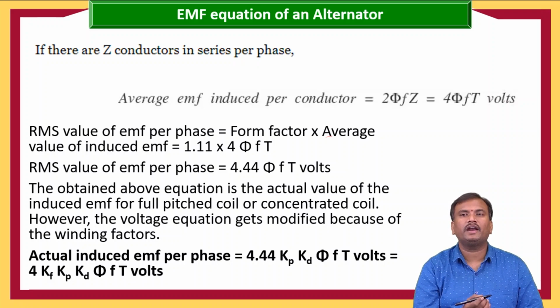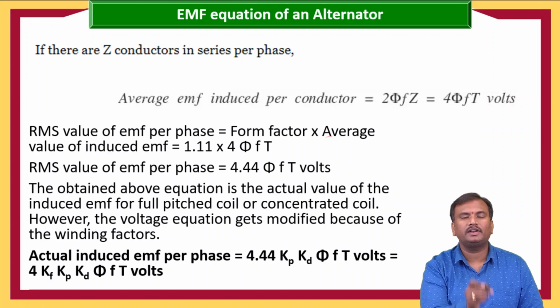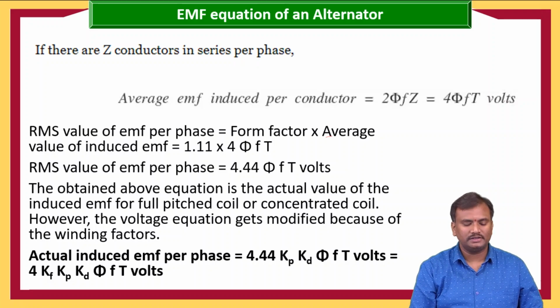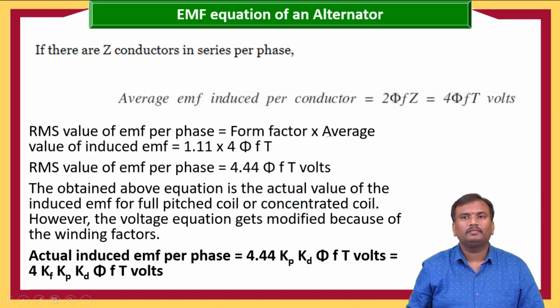This is if we write only in terms of pitch factor and distribution factor. If we want to write in terms of form factor also, that is equals to 4 into Kf Kp Kd phi FT volts. This is the EMF which is generated in the alternator.